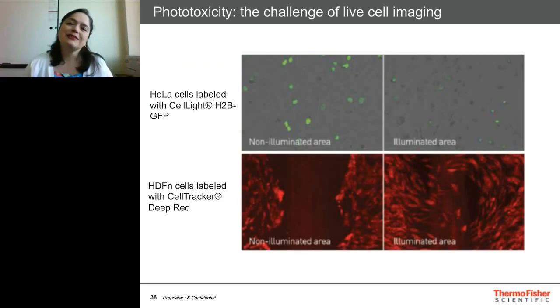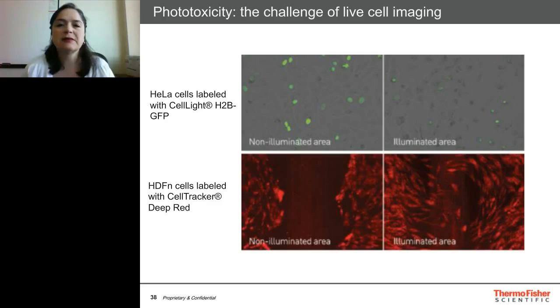So one of the challenges of live cell imaging is phototoxicity, and that is something that you'll see if you do live cell imaging, and you kind of have to learn about it the hard way. What you can see here, this is in a couple different examples.